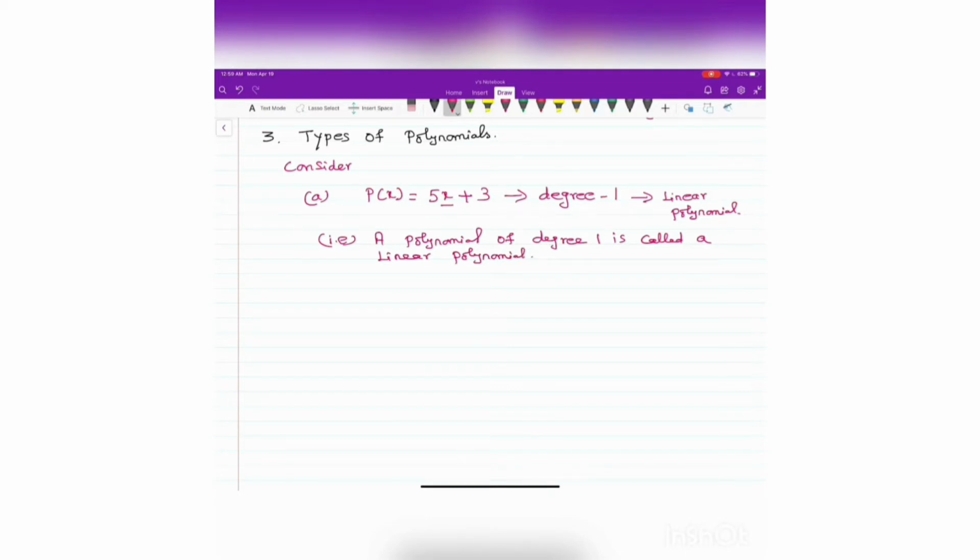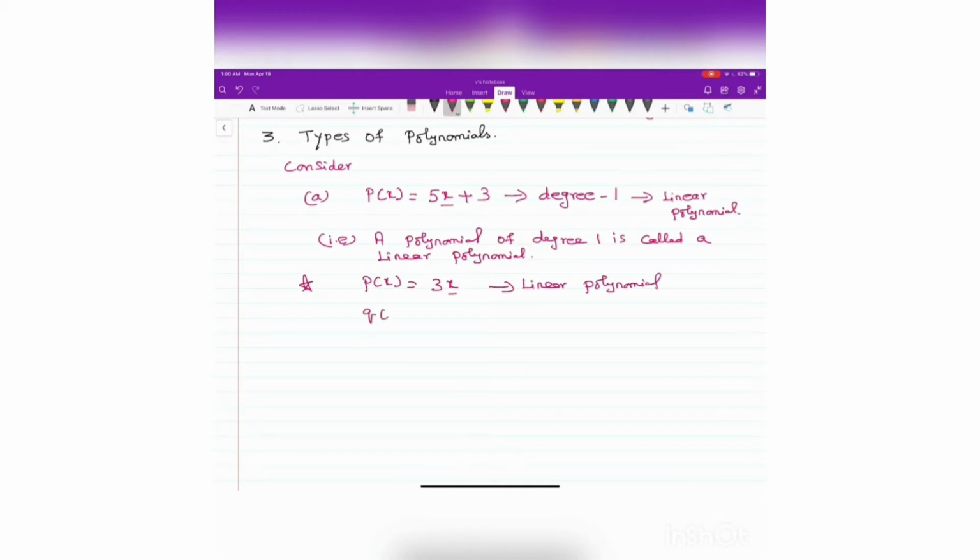See, a linear polynomial can be a binomial or a monomial. I can write p of x as just 3x. Here also the degree is 1, so it is a linear polynomial. Now you consider this.